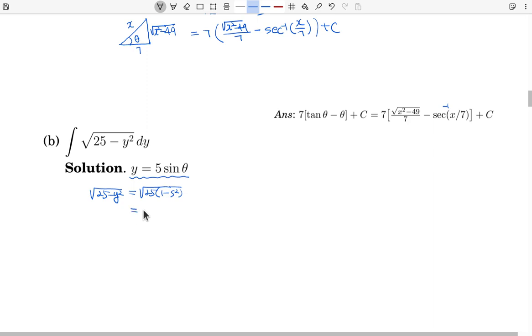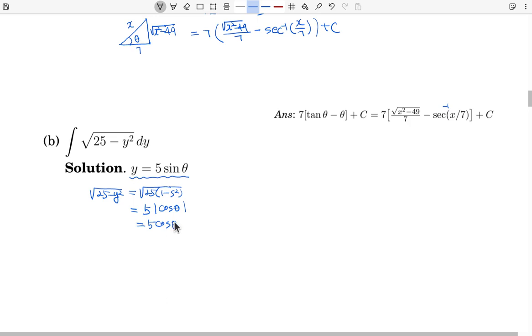So that is 5 times the absolute value of cosine. However, angle theta is between minus pi over 2 and pi over 2, and there cosine is always non-negative, so you can write it here as 5 cosine theta.